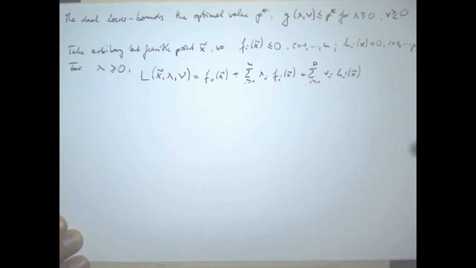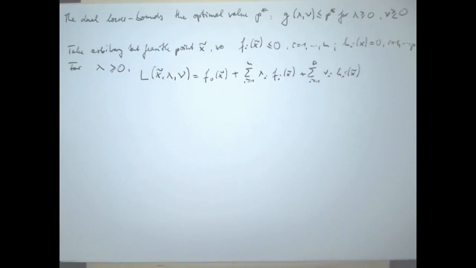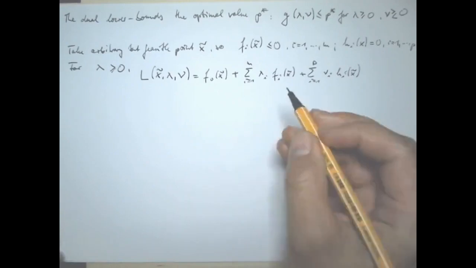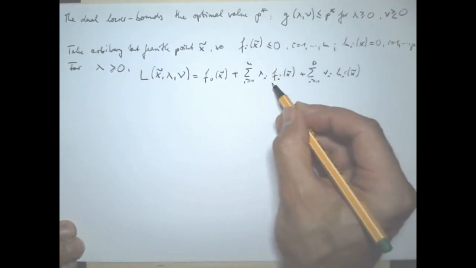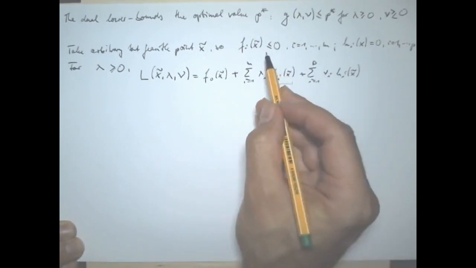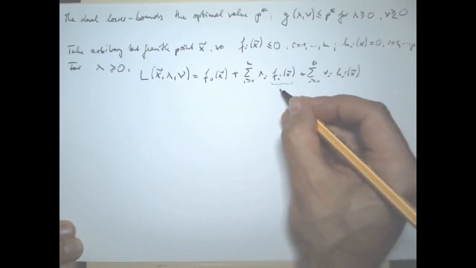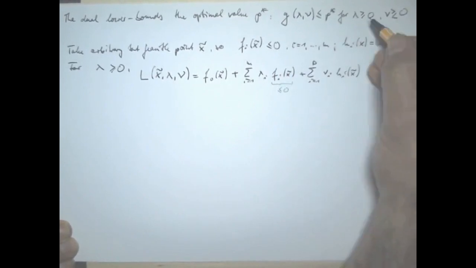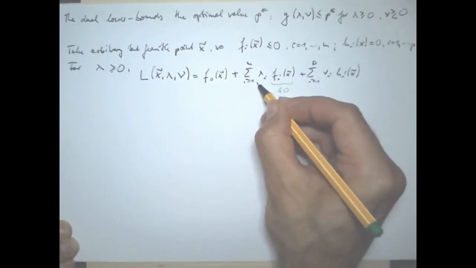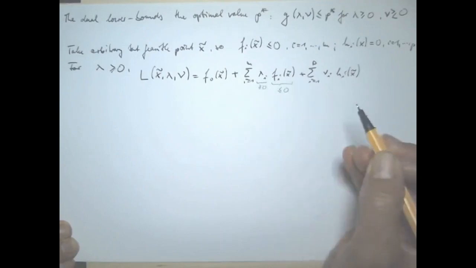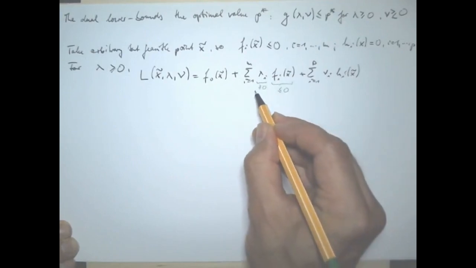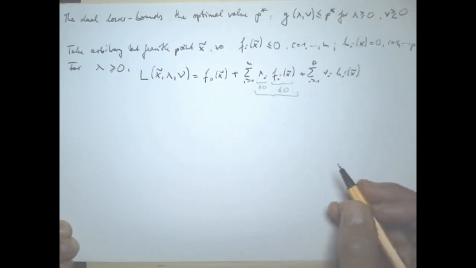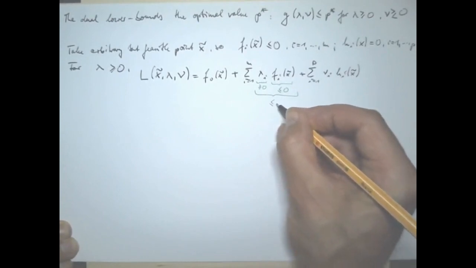Okay. And we had just said that being feasible, this first term here was less than or equal to 0, and I required that lambda was larger than or equal to 0. So overall, we get a contribution that is either negative or 0.